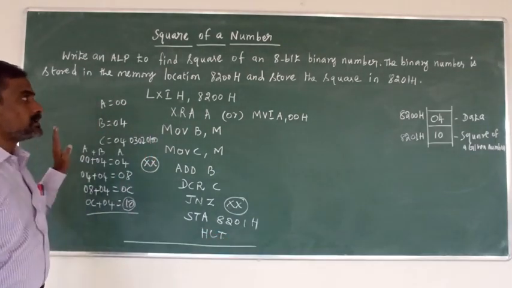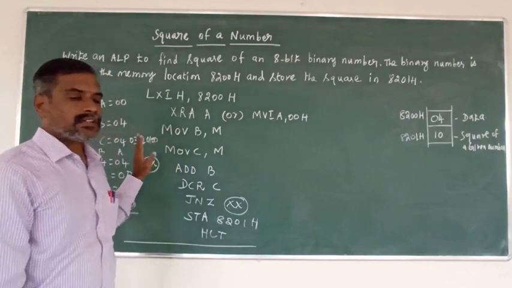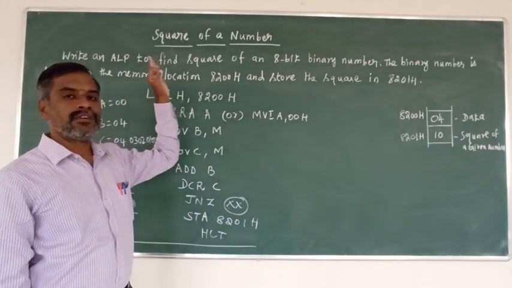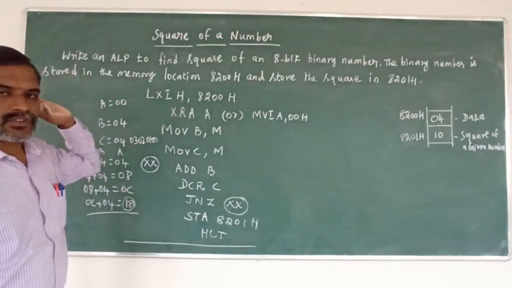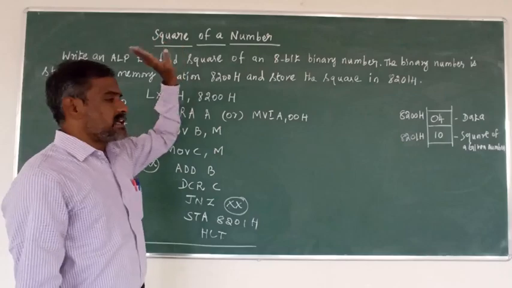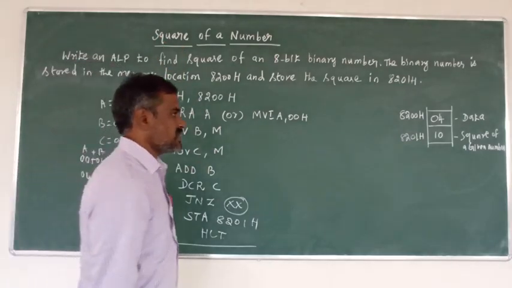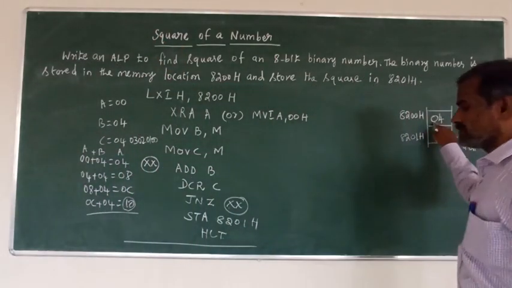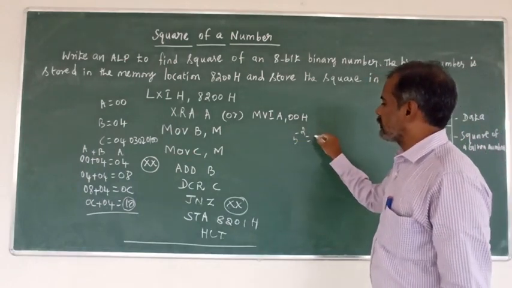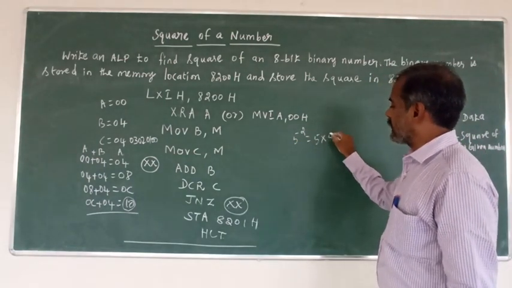This is the program to find the square of a given number. Suppose the given number is 5. 5 square means 5 into 5.